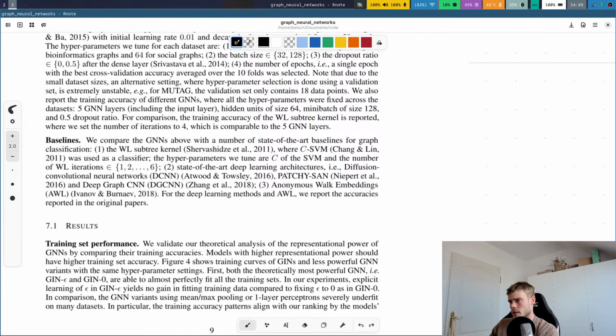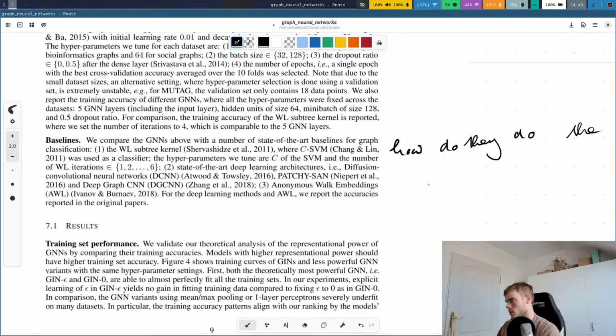The WL subtree kernel. So how do they do the WL subtree kernel?